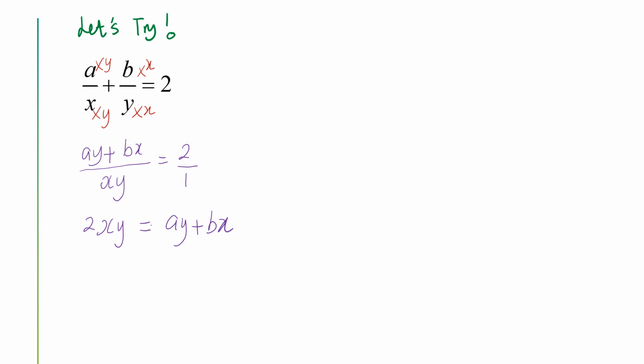It can be just a alone or b alone. So now we have to make up our mind. Which constant do you want, a or b? If you want b to be the constant, then we'll just divide by x throughout.